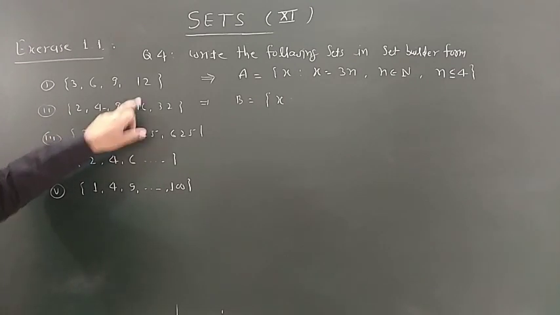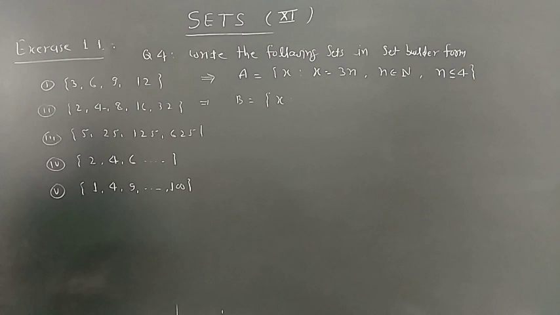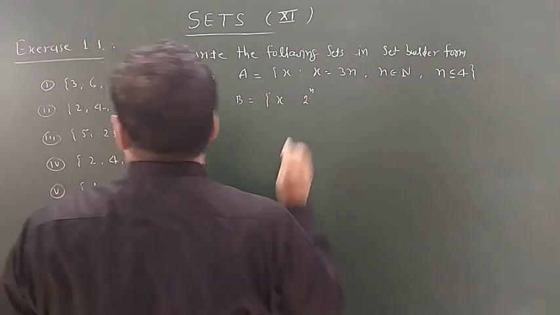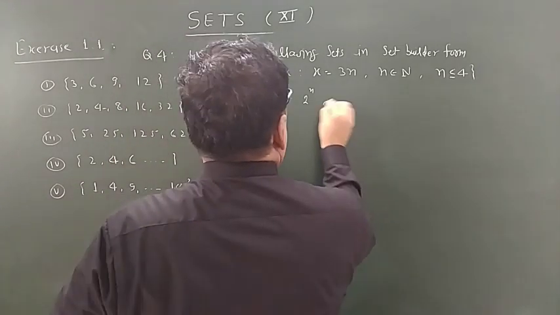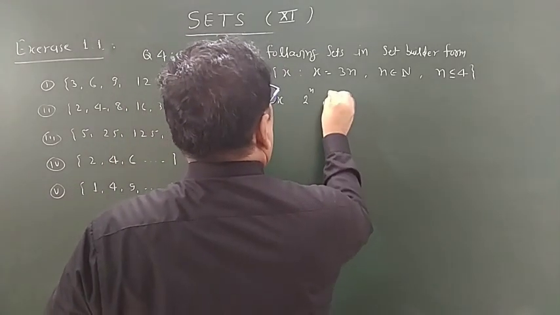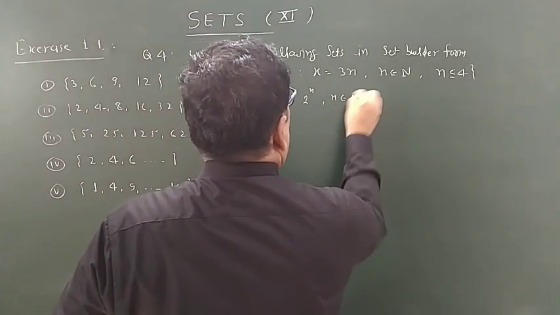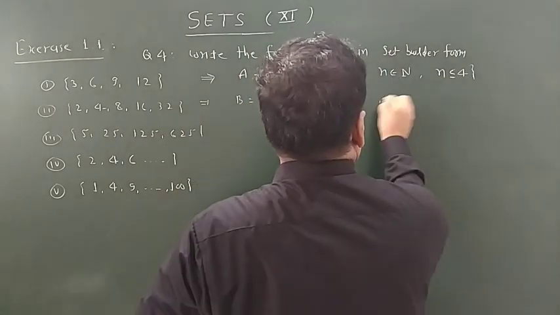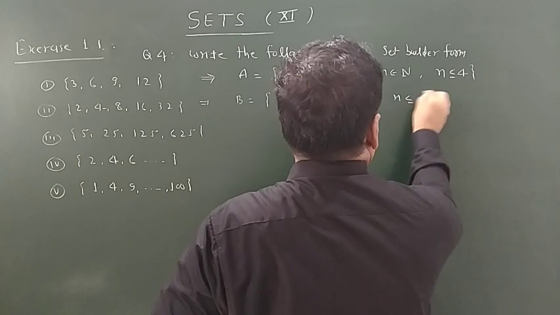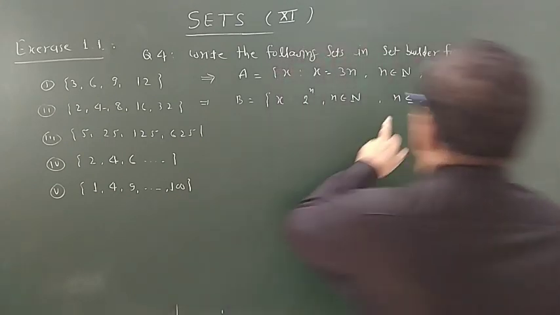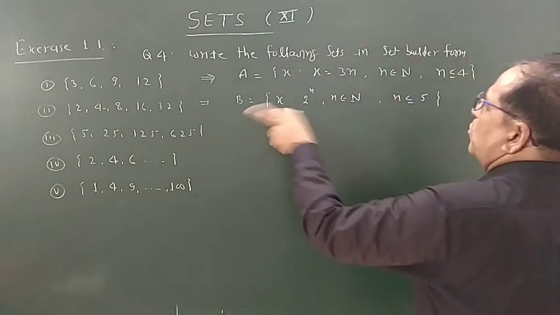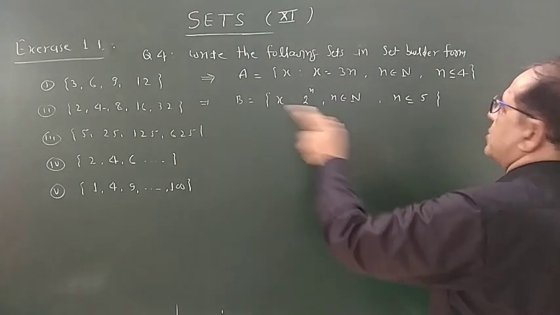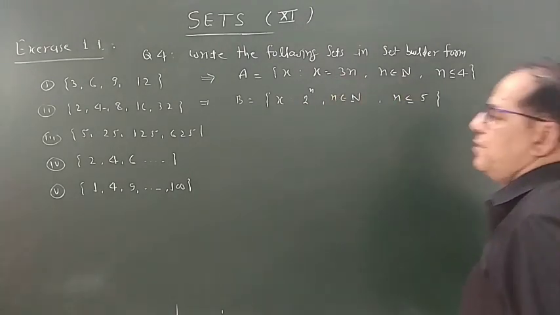So this is the exponential of 2. So we can write 2 to the power n, n a natural number, and the last value is 32, so n is less than or equal to 5 here. We start with 1: 2 power 1 is 2, 2 power 2 is 4, 2 power 3 is 8, 2 power 4 is 16, and 2 power 5 is 32.